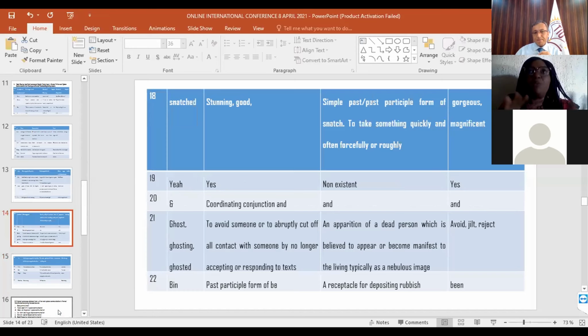Then we have snatched, which is used to mean stunning, good. When somebody, for instance, looks exceptionally beautiful or well-dressed, they can say, oh, the person looks snatched. But is that what it means in the standard English variety?